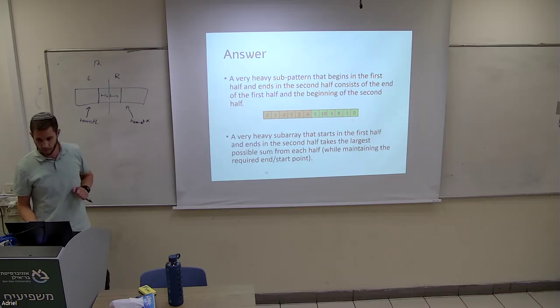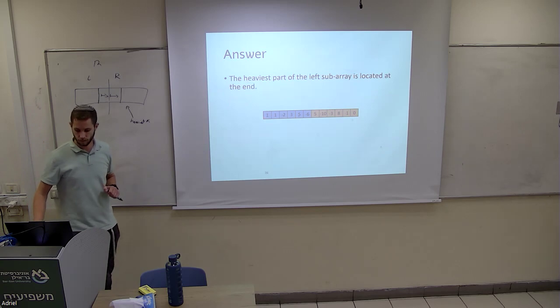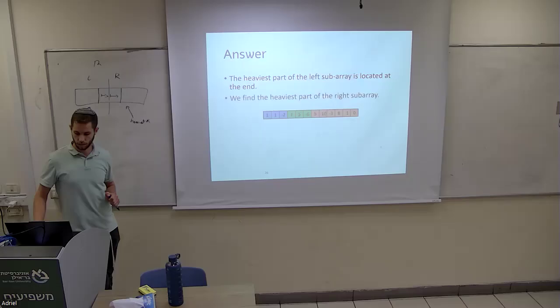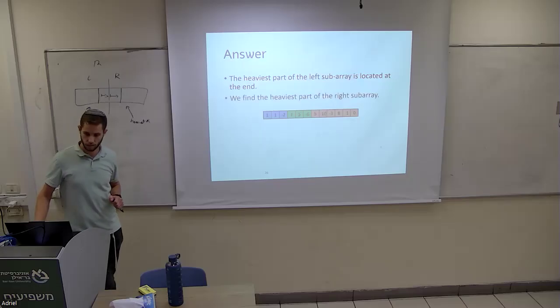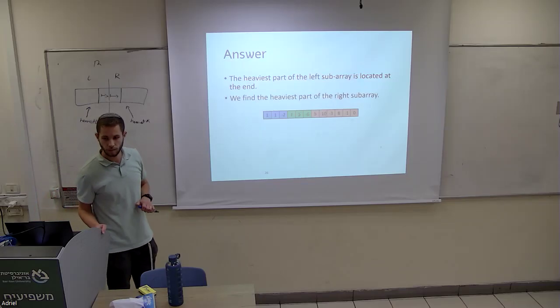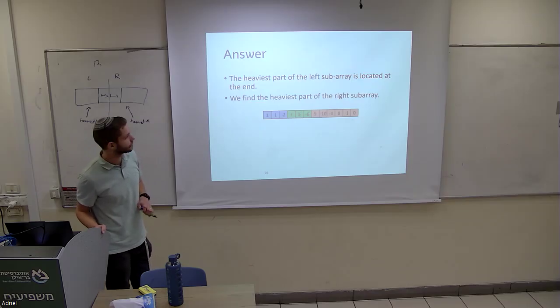I think we start from the middle. We go back. If the number is negative, we need to continue left. And then we get a positive number, and then we get a negative number, so we stop.